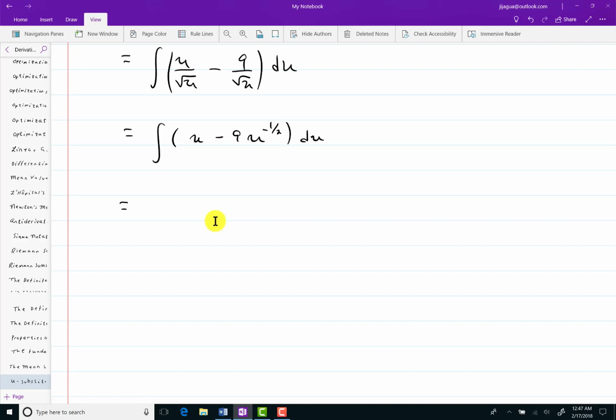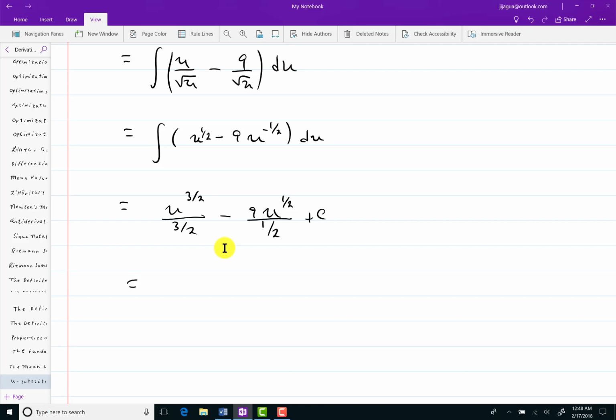I think it's better to think of it as u to the 1/2. I'd like to apply the power rule. Square roots and any radicals are better for looks than they are anything else. So when I add 1 and divide by that, I'll have u to the 3/2 over 3/2 minus 9u to the 1/2 over 1/2 plus c.